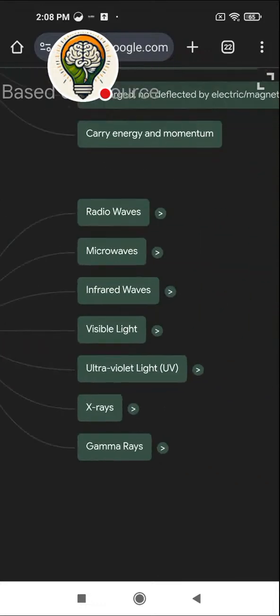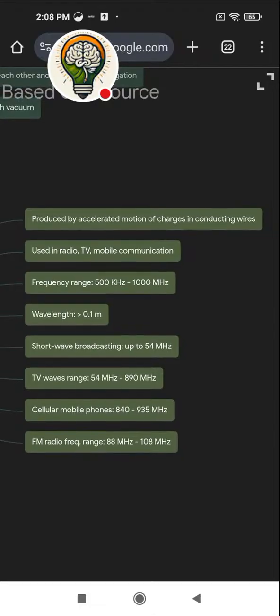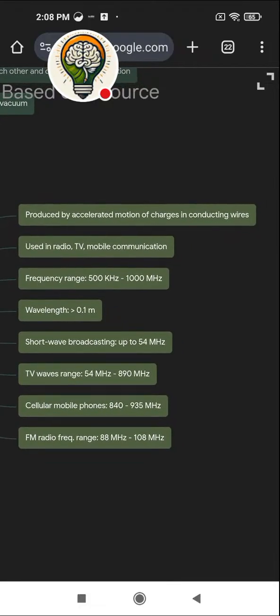Electromagnetic spectrum, so radio waves: produced by accelerated motion of charge in conductive wires, used in radio, TV and mobile communication. Frequency range 500 to 100 megahertz, and wavelength less than 0.1 meter.